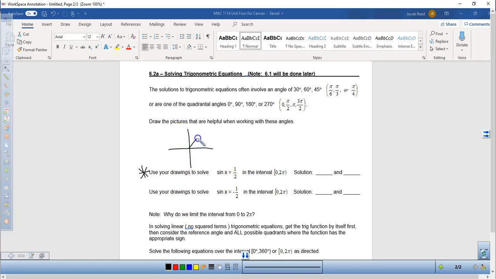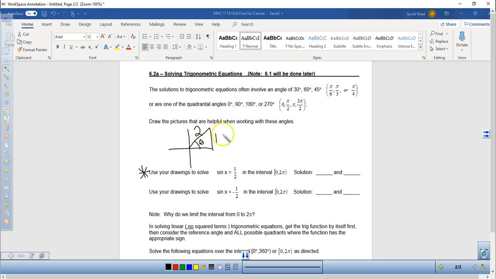Sine is positive in the first quadrant. Say this is theta or x. And if we're talking about sine, it's opposite over hypotenuse. Well, what angle that we know of, one of these, will let sine be 1/2?